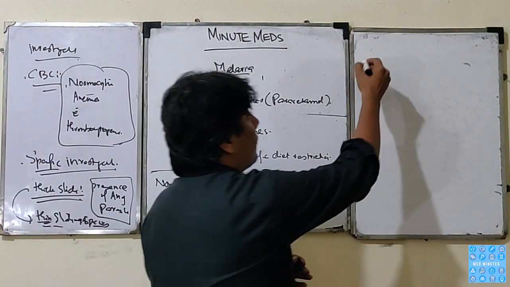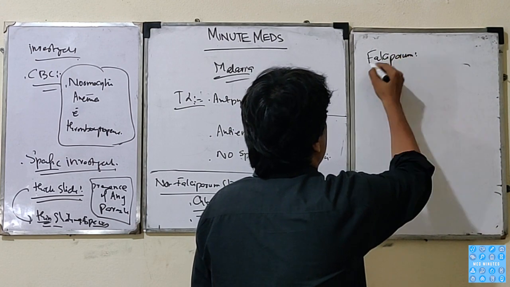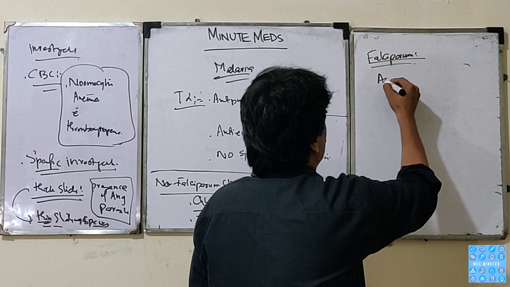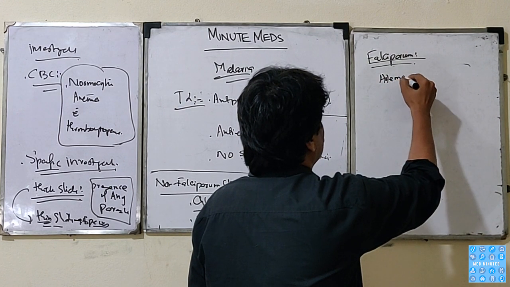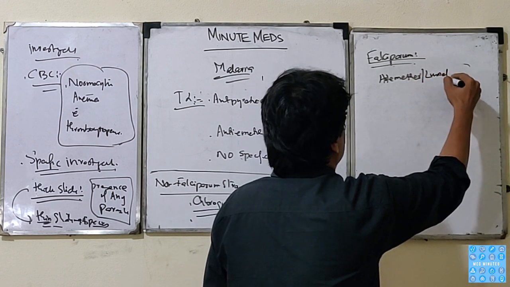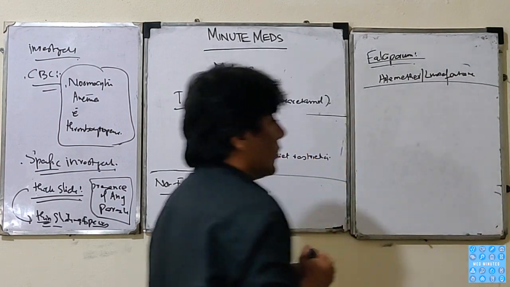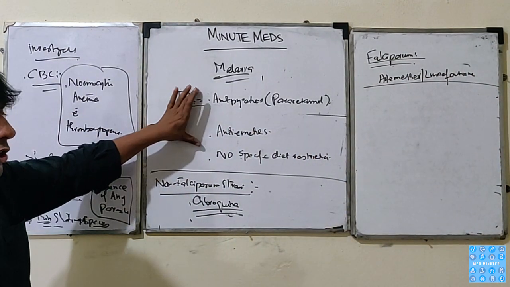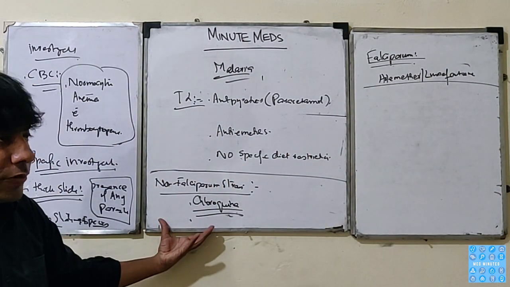And for the falciparum type, we go for the combination of artemether and lumefantrine. So the general treatment is the same, and then according to the strain we do this.